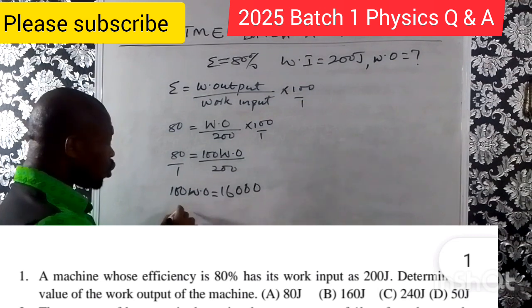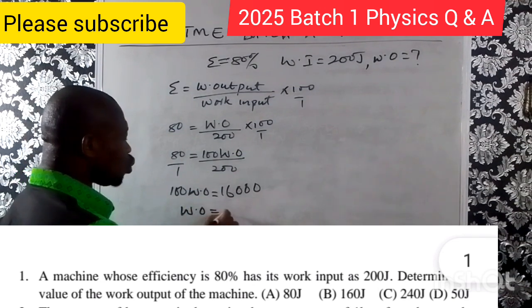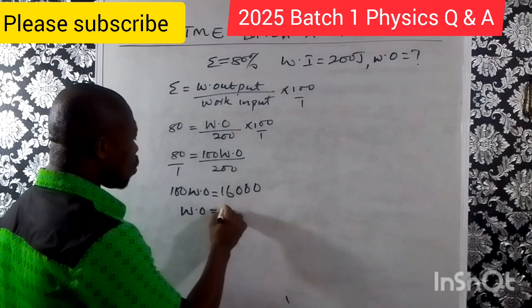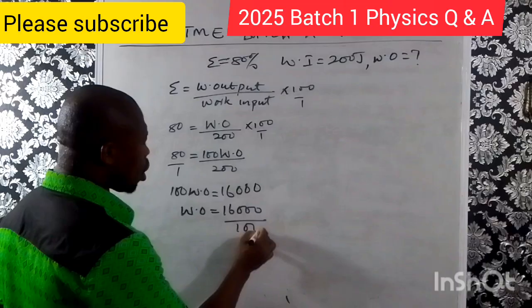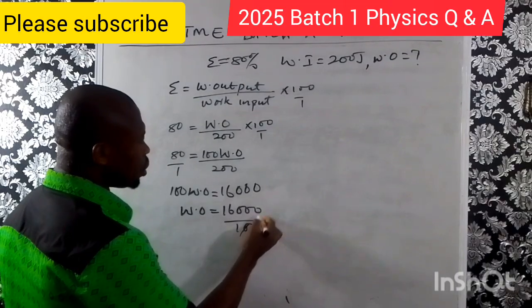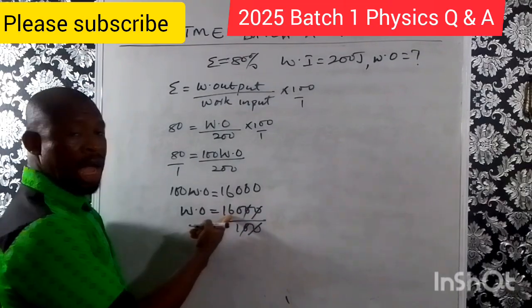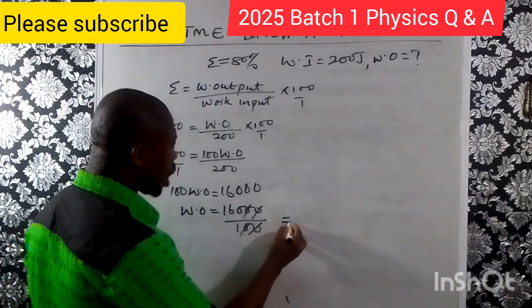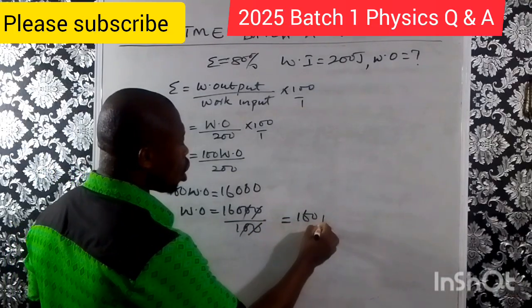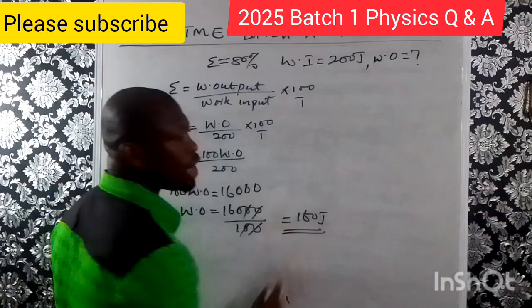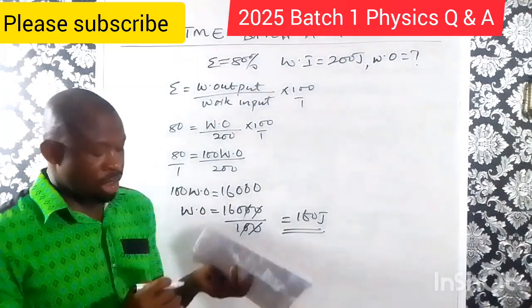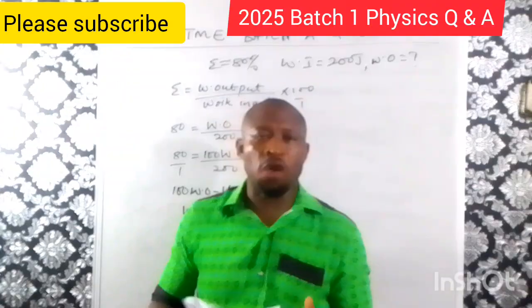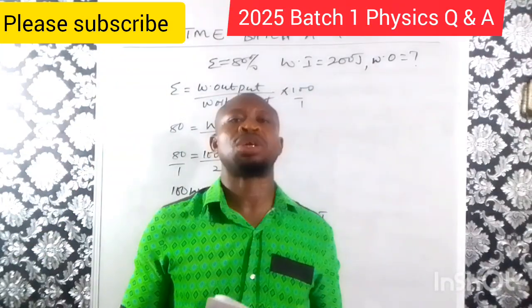We make work output the subject. Work output will now give us 16000 all over 100. These two zeros will cancel out these two, and what we now have is that the work output is 160 joules. You can pick the correct answer from the options there. Now we'll move to the next question.